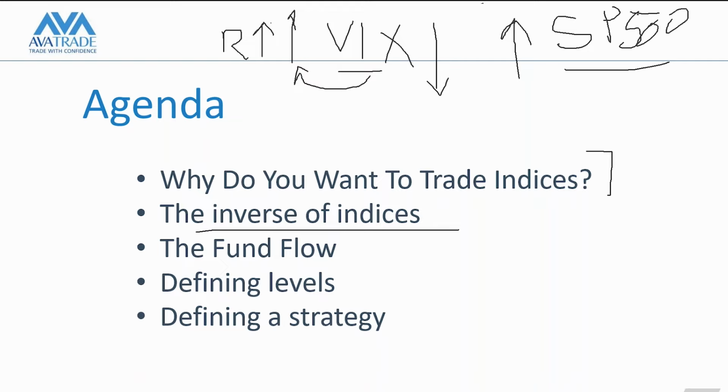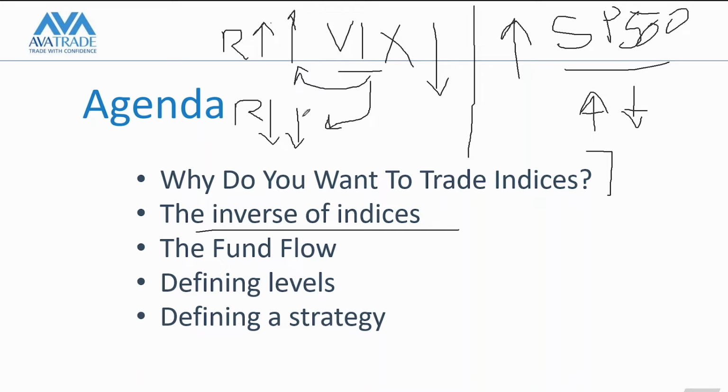Let me just draw the line in here. When the VIX goes up, the S&P 500 index goes down. When risk levels are less, meaning people are feeling less risky in the market, the VIX goes down, which is right over here, but the S&P 500 index on the other side moves to the upside.